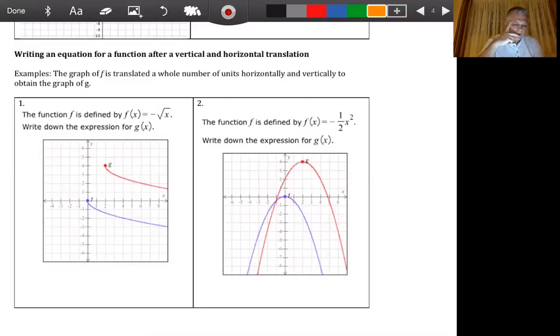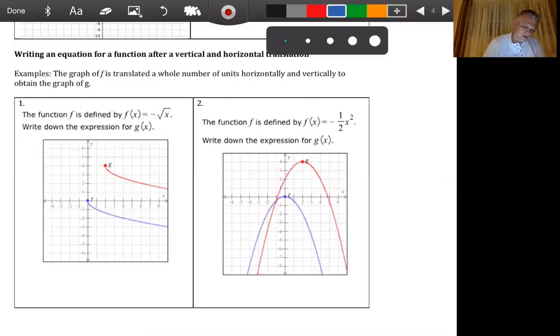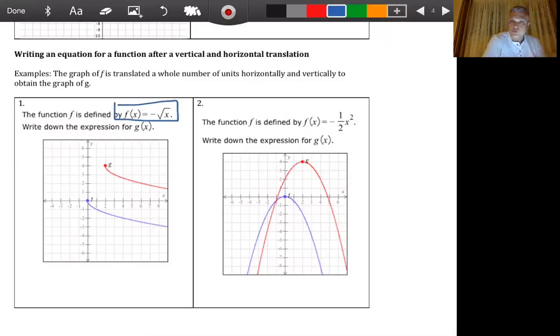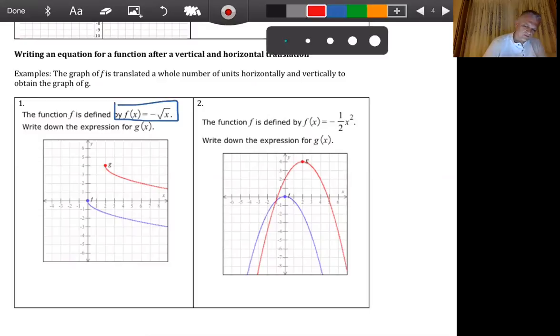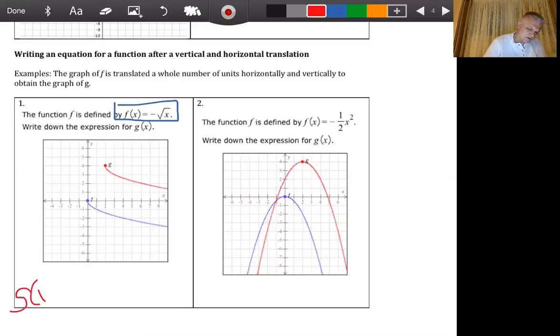All right, so if f of x is negative root x, okay, then g of x. Well, let's copy down f without the translation.